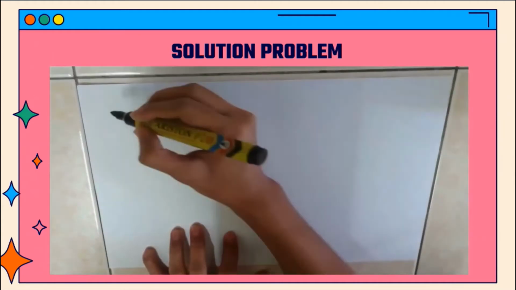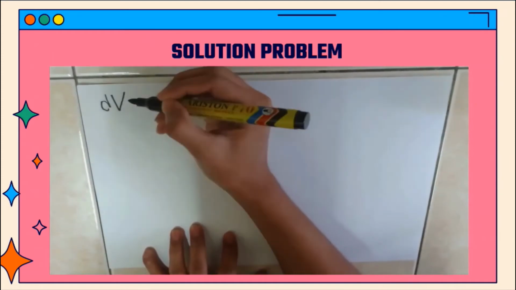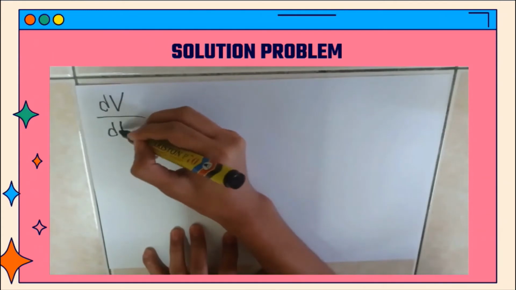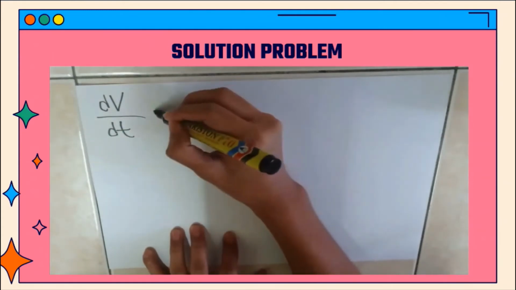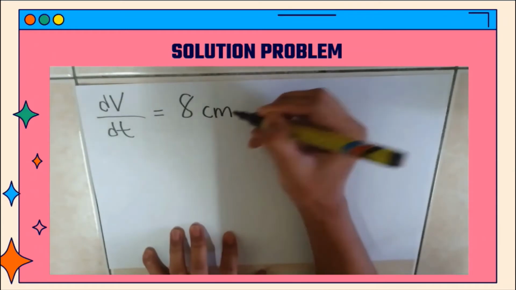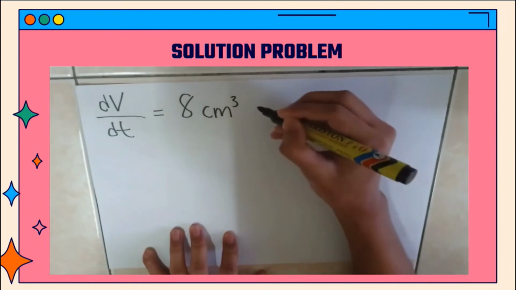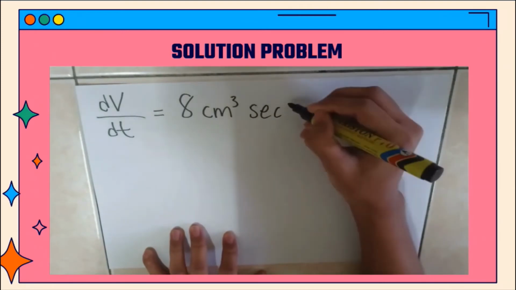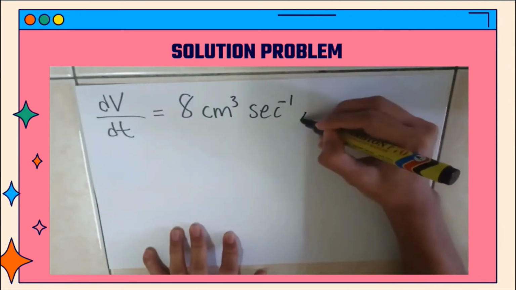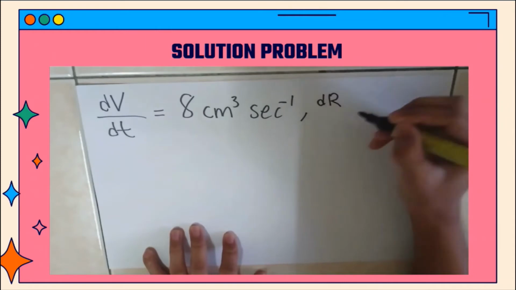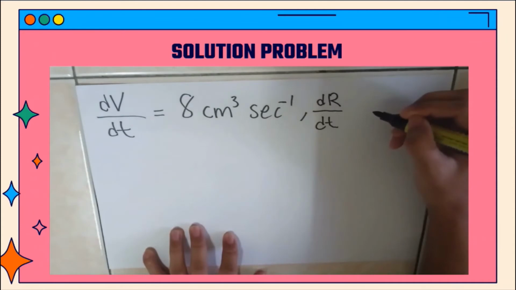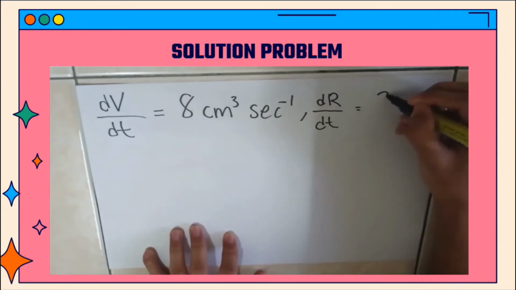The first step you must do is state all the information that has been given to us. First, the question has given us the rate of change of the volume of the sphere, which is 8 cm^3 s^-1, which is dV/dt. The question also asks us to find the rate at which the radius of the balloon is changing when the radius is 10 cm. So, dr/dt equals unknown.